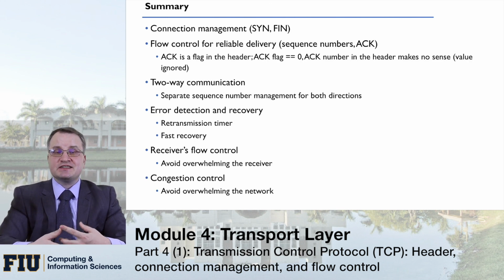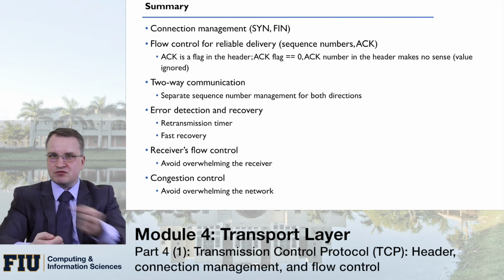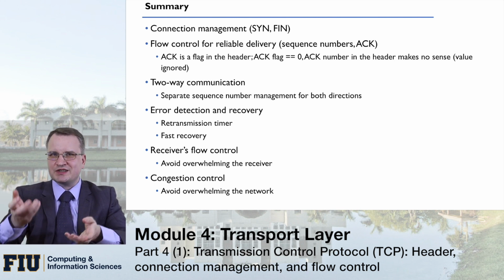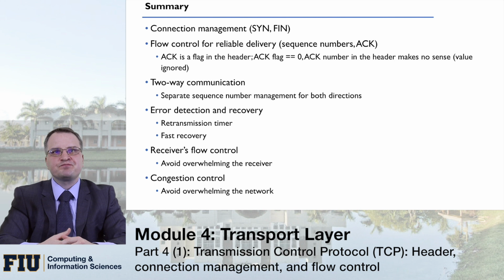And just to summarize, TCP is a very complex protocol, and it has all these sequence numbers and acknowledgement numbers. The most important part is connection management, like connection setup in two directions. There is a connection teardown, and remember there is this complex process to resolve ambiguity of connection closing on both sides.